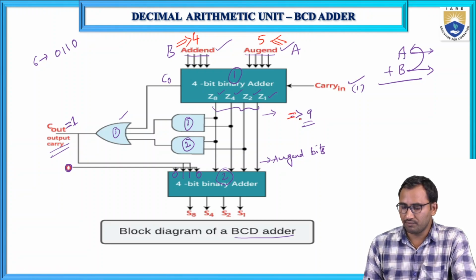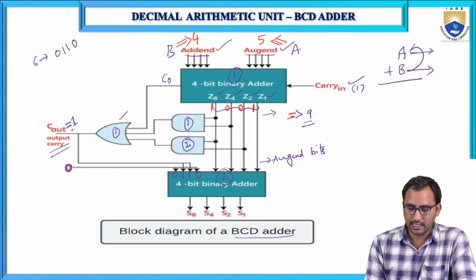What is the condition? If the sum value is greater than 9. So 9 means 1, 0, 0, 1. Now our sum is 9.